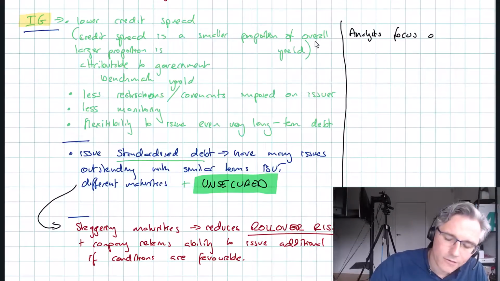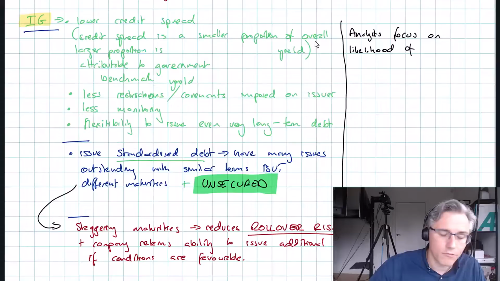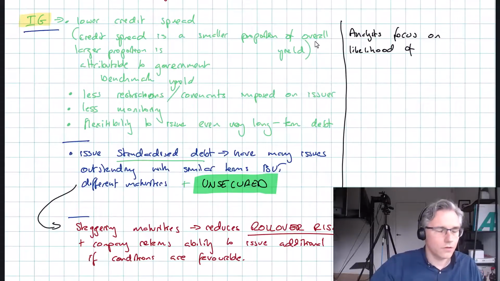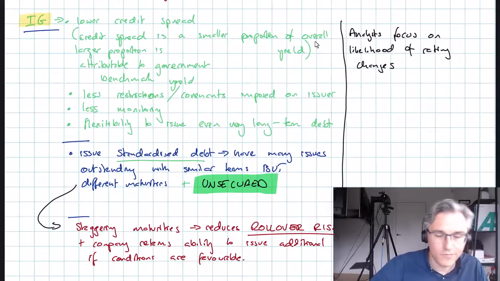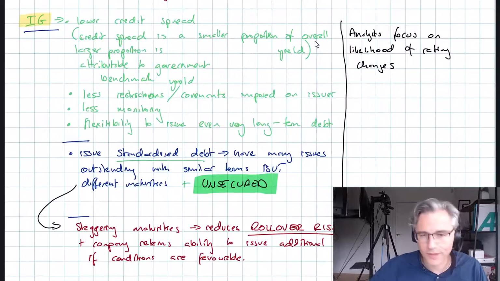Instead, analysts focus on the likelihood of a rating change. Ratings are the way in which issuers of debt get assessed by external rating agencies. So likelihood of rating changes, somebody dropping from double A to single A or getting upgraded, that's what gets analysts going.